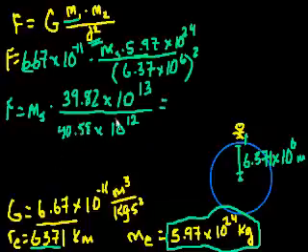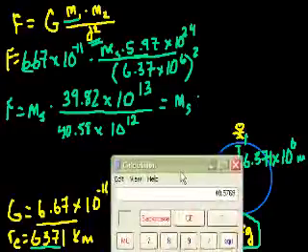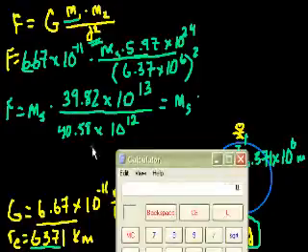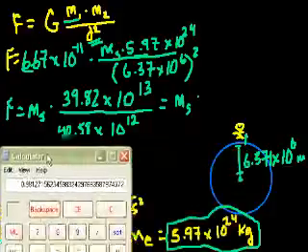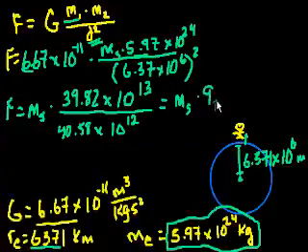And so simplifying it, the force is equal to the mass of Sal times, let's divide 39.82 divided by 40.58 is equal to 9.81. That's just this divided by this.